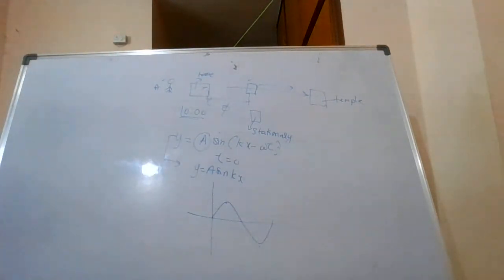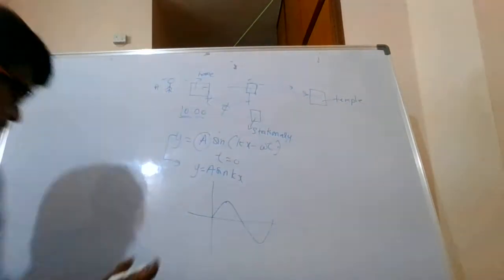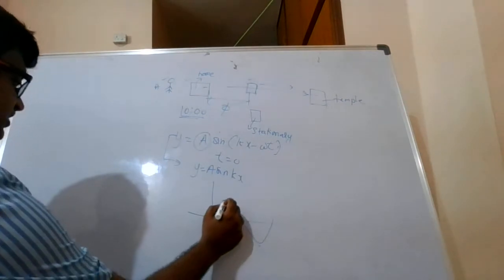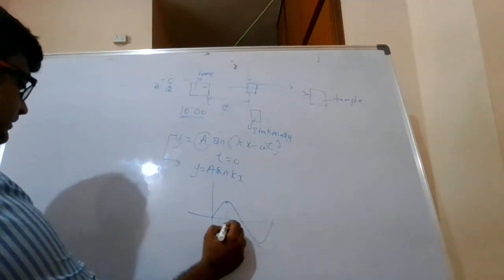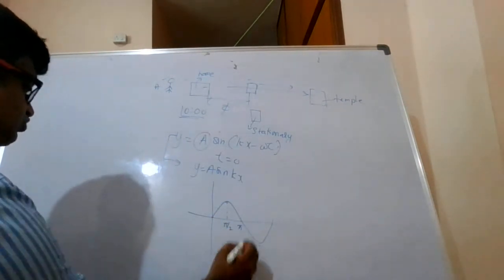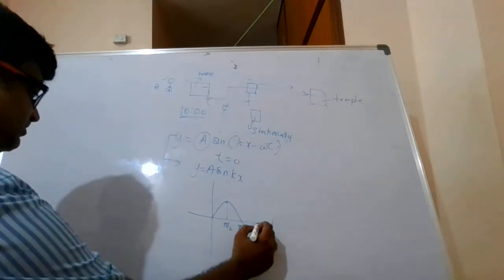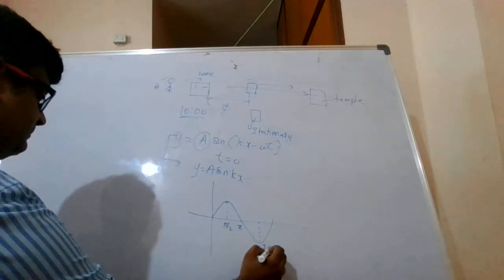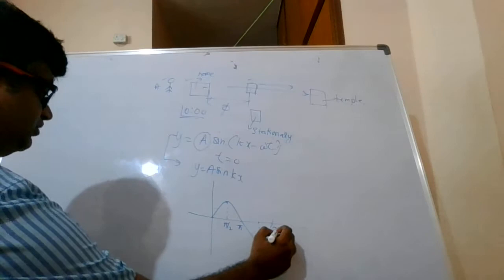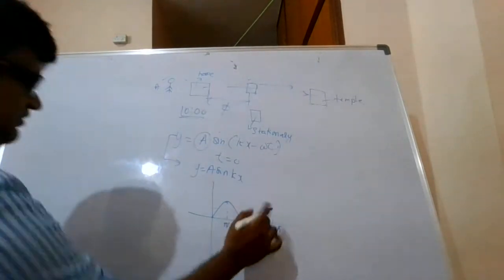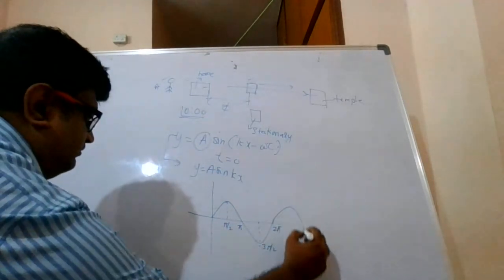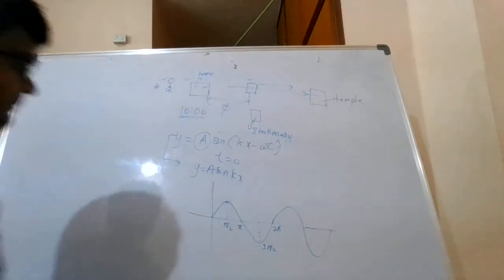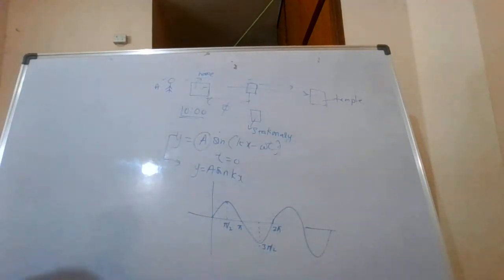If I write the values also here, this corresponds to pi by 2, this corresponds to pi, this corresponds to 3 pi by 2, and this corresponds to 2 pi. Now after this what will happen? The same pattern will repeat. Because the same pattern is getting repeated, we are calling this a periodic function.